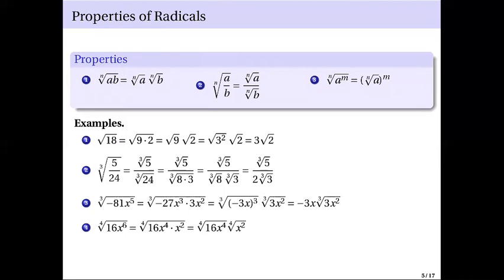And then 16x to the 4 can be written as 2x to the 4. As I have said, 16 is 2 to the 4. So this here is just 2 to the 4 times x to the 4, and this here is now this.